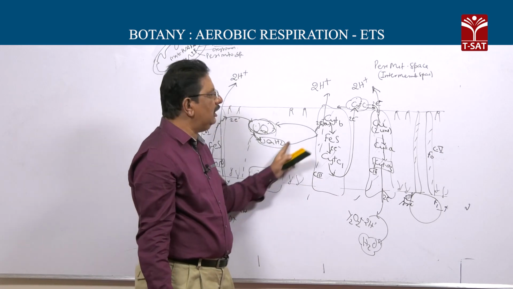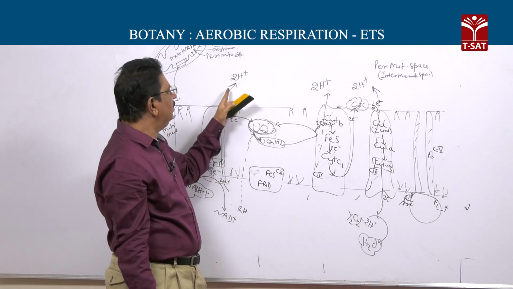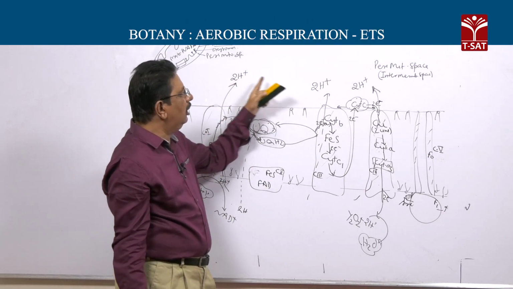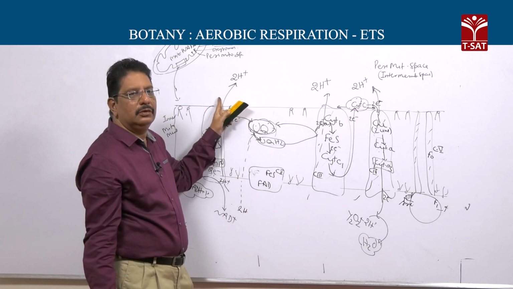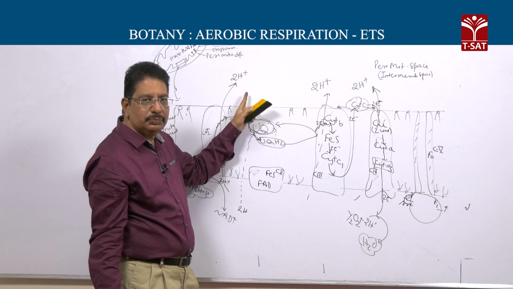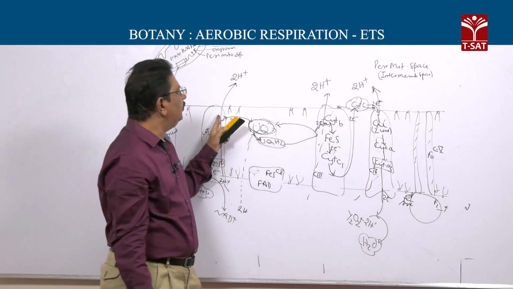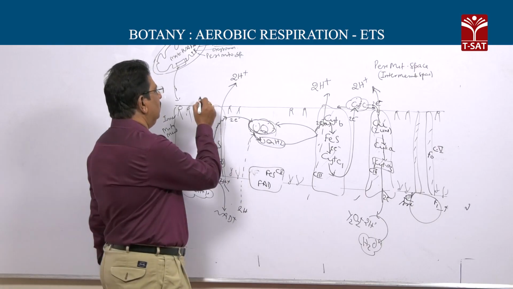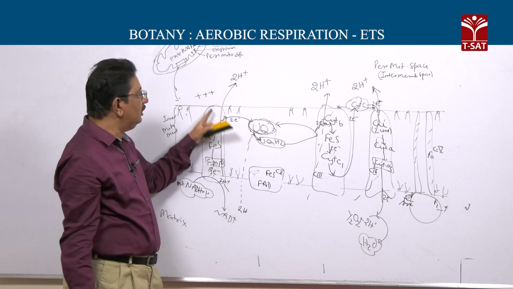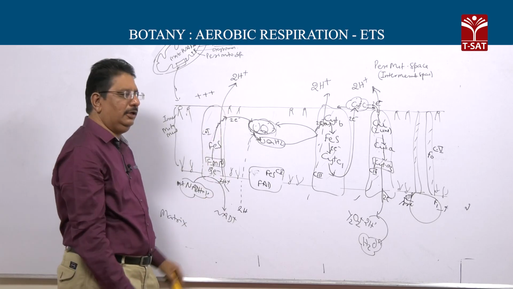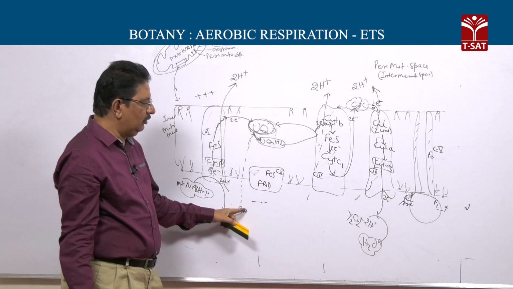But during this electron journey, according to redox potential, there occurs pumping of protons into the intermembrane space. As a result of this electron transfer coupled with proton translocation, more and more positive charge increases on one side of the membrane and negative charges develop on the other side.